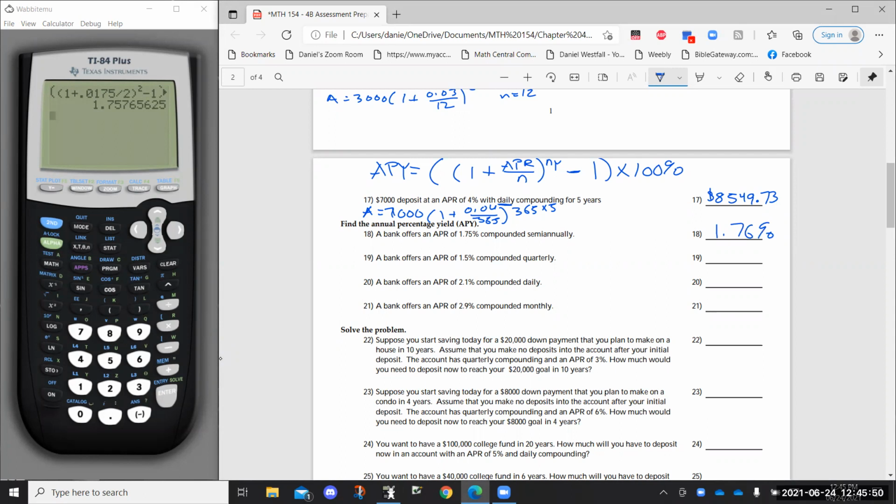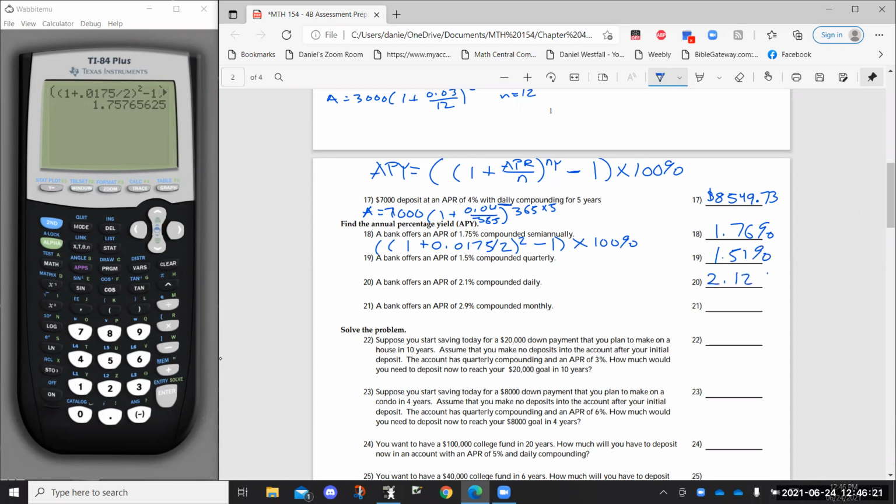So it's going to be 1 plus 0.0175 divided by 2 to the 2 minus 1 times 100%. Okay. I think you guys can probably follow along similarly with those and get these numbers.